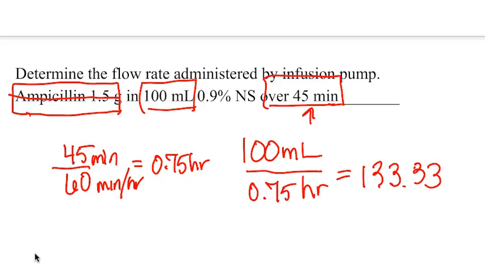Okay, 133.33. And now I'm ready to round to my final answer. So I'm going to look at the number to the tenth, which is 0.3, and 3 is 4 or less. So I'm going to take this and round it to 133 milliliters per hour.